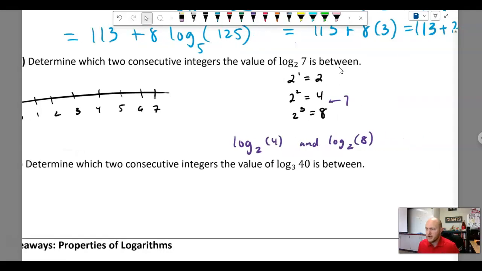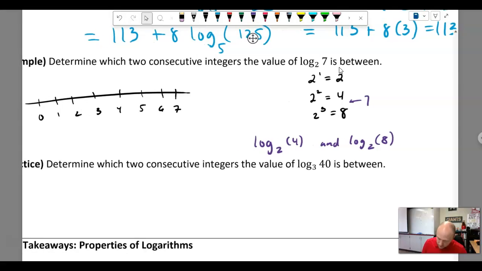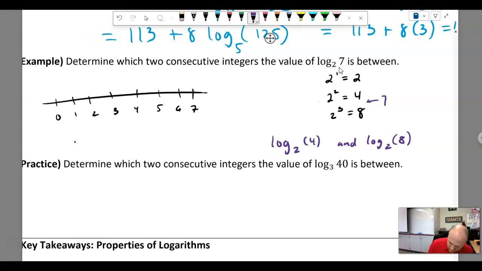So it would be right between them, and these values are 2 and 3. So 2 is less than log base 2 of 7, which is less than 3. So between 2 and 3 is where this number would live. If the argument was 8, the output would be 3. If the argument was 4, the output would be 2. So it lives between 2 and 3.